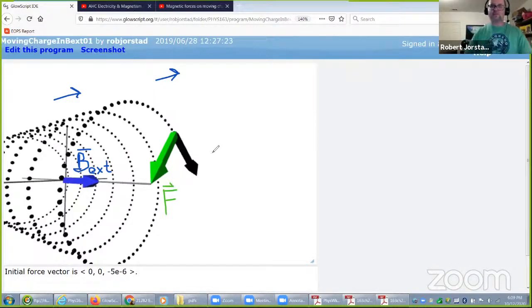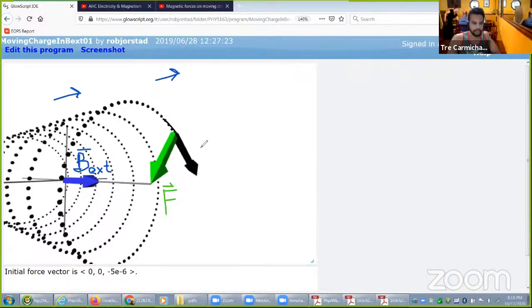Notice that is perpendicular to the velocity. Now, obviously, as this moves, the direction changes. And finally, what is this black arrow over here? Tangent to the path. Is that like its instantaneous velocity or something? Absolutely.